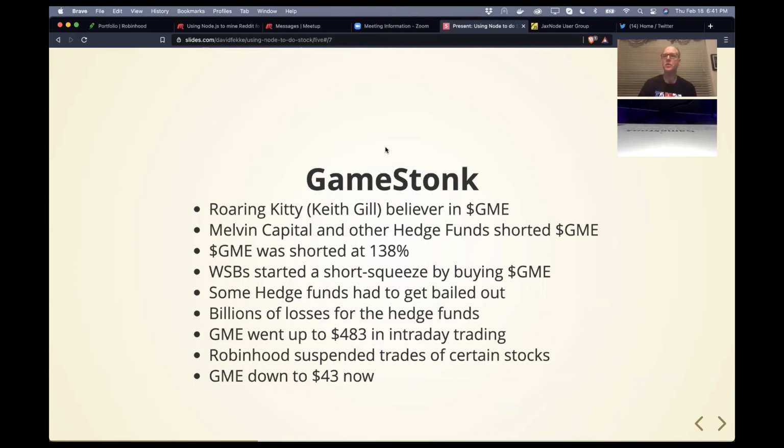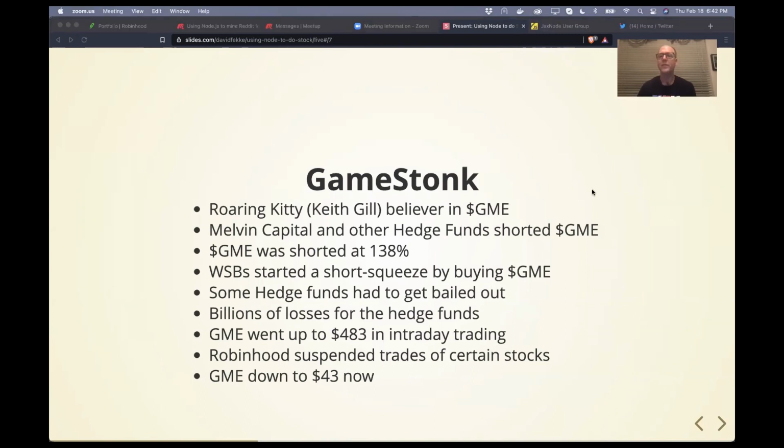That forces the short sellers to actually have to purchase the stock. Needless to say, the hedge funds had to get bailed out to the tune of billions of dollars in losses. GME actually went up to $483 in intraday trading.